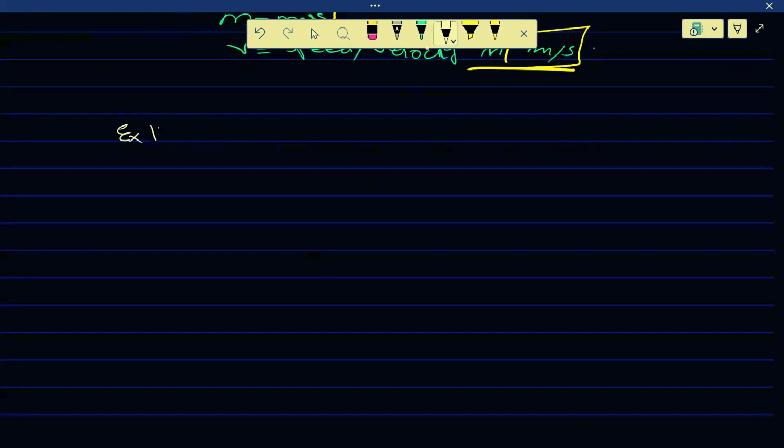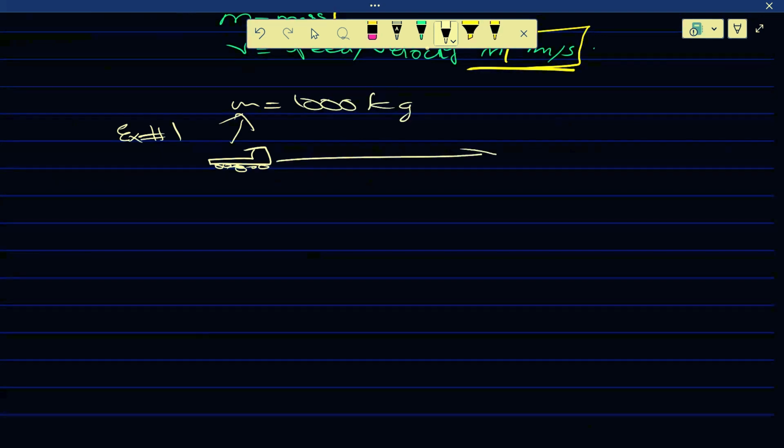Example number one. Let's suppose here is a truck moving, its mass is 1000 kg, and its velocity is 36 kilometers per hour.